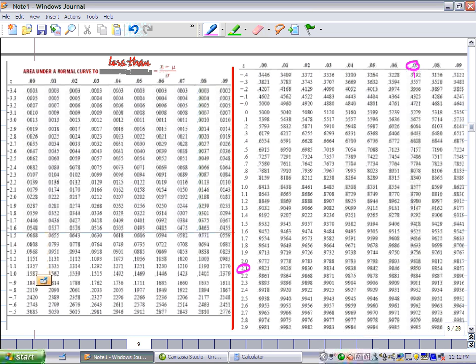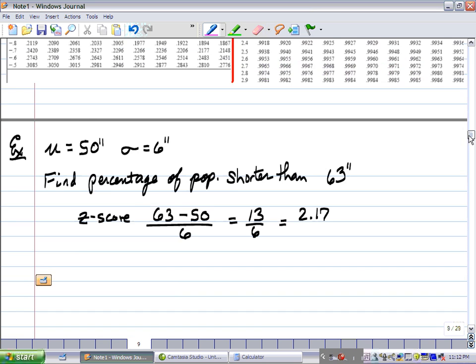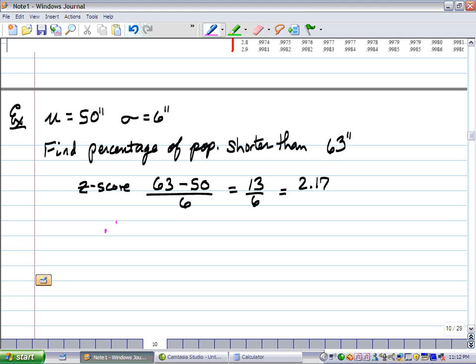Here's the 7. So 0.9850, which is the same as 98.5%. So 98.5% of the population is shorter than 63 inches.